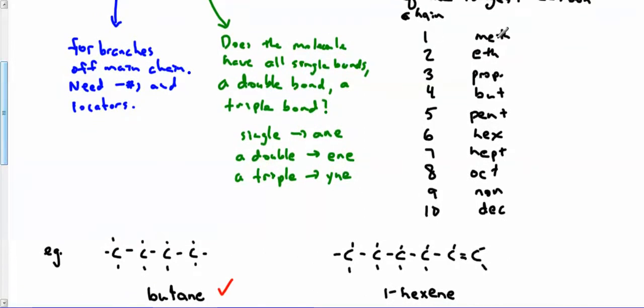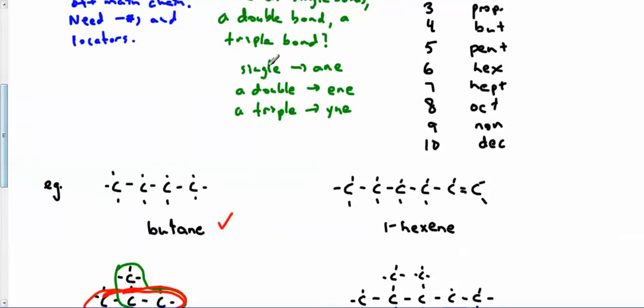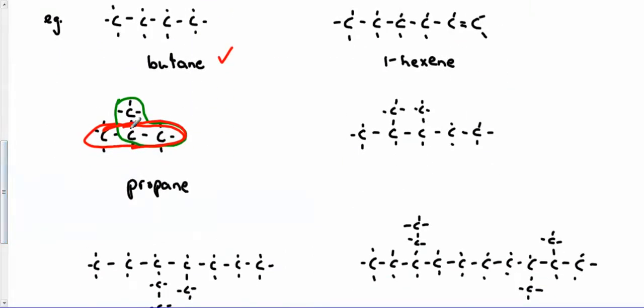One carbon is meth, except all branches don't use these endings. They use the ending Y-L. So I'm going to have a methyl group. I've got a methyl group here. There's the root, there's the ending for all branches: methyl.